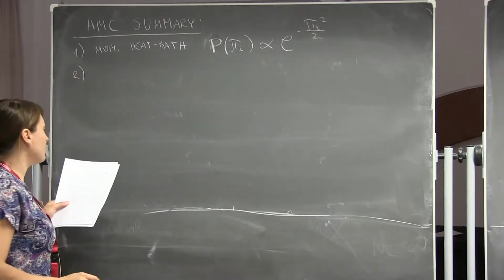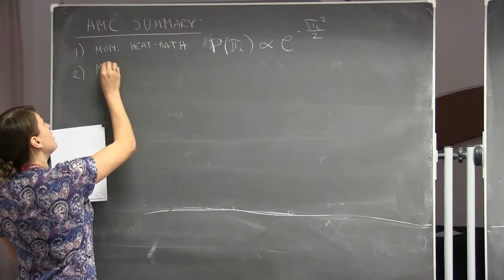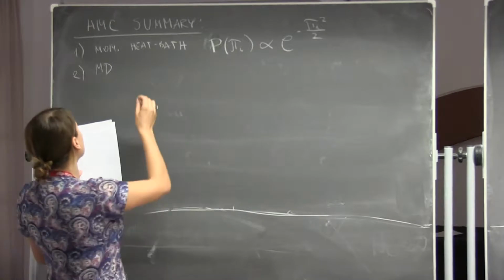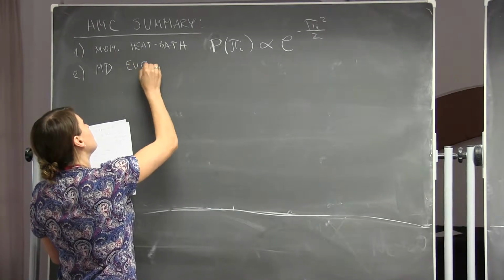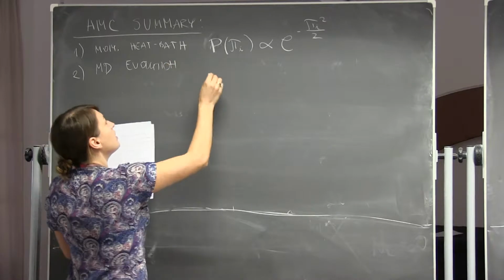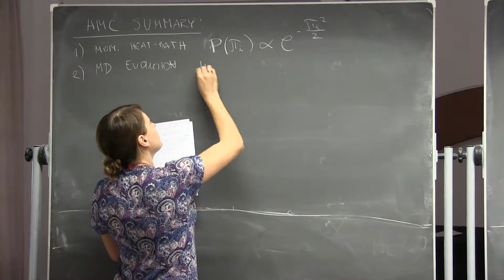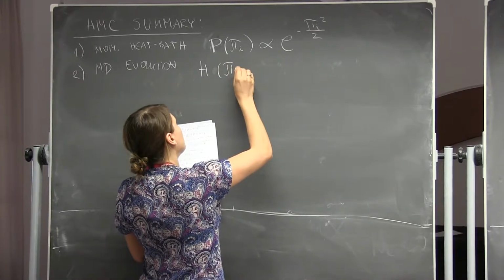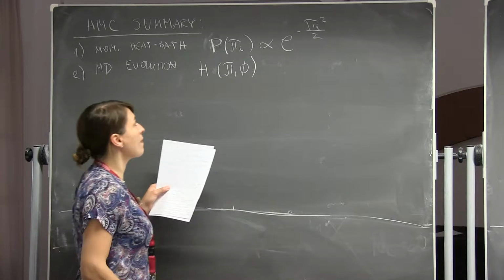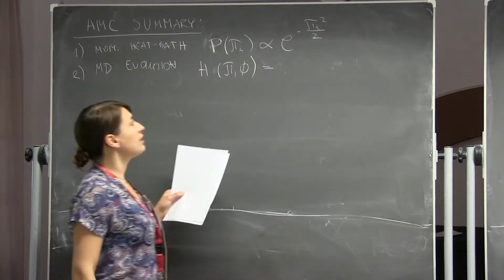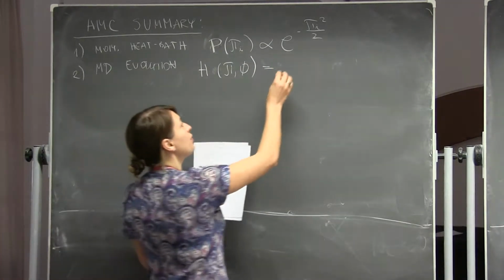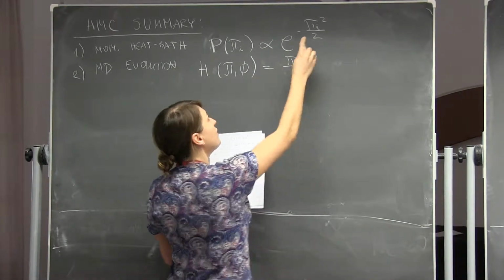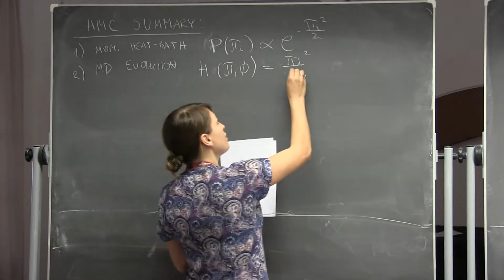Then we've seen that in the second step, we perform molecular dynamics evolution of the Hamiltonian equations of motion according to the Hamiltonian of the scalar field theory, which we've defined by utilizing these auxiliary variables added to the partition function.